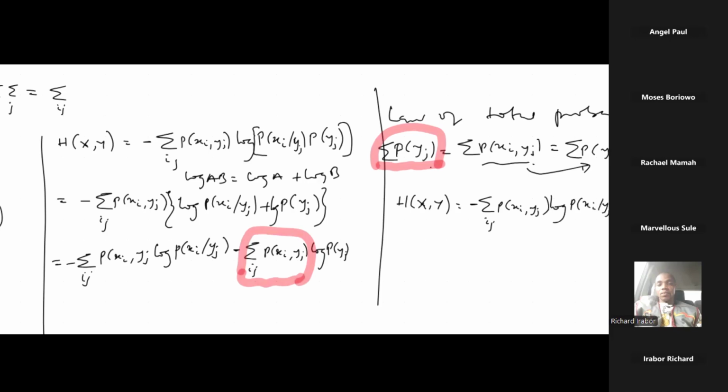Now we are replacing this by P of Yj log P of Yj. Largely because we want consistency here. So if I had log P of Xi, then I would have replaced this by summation of P of Xi. Is that clear?